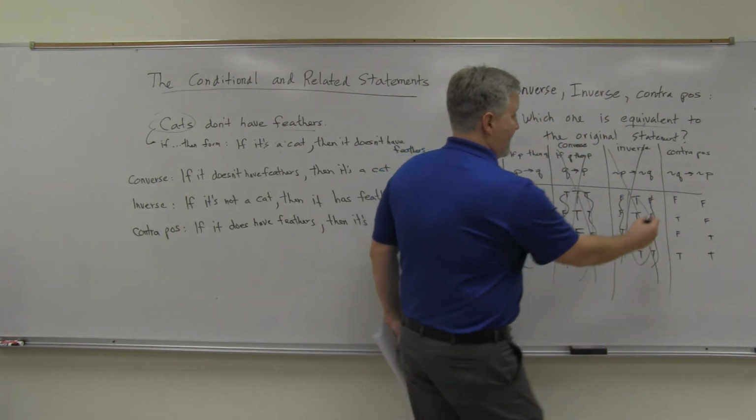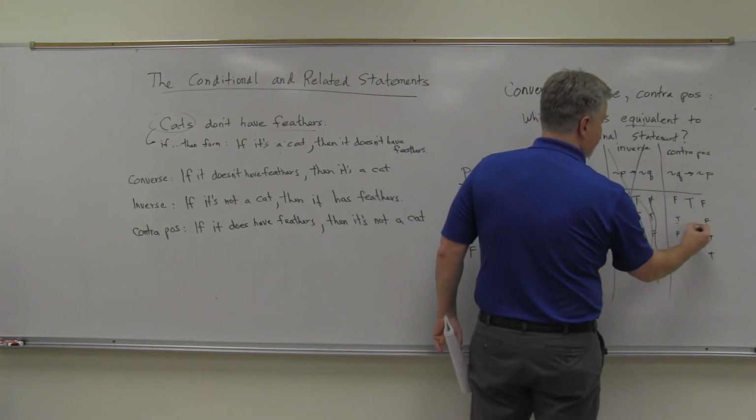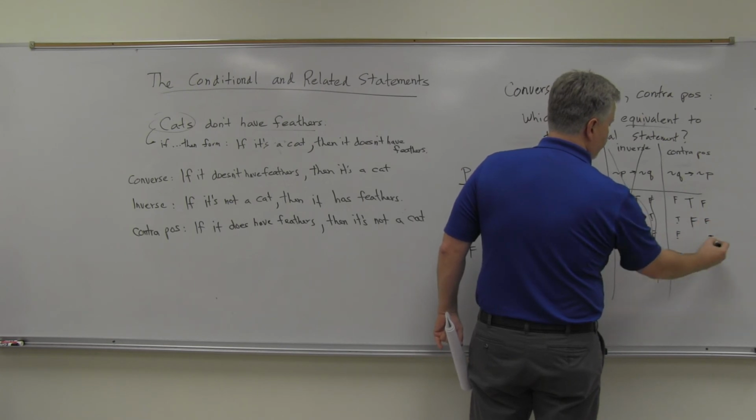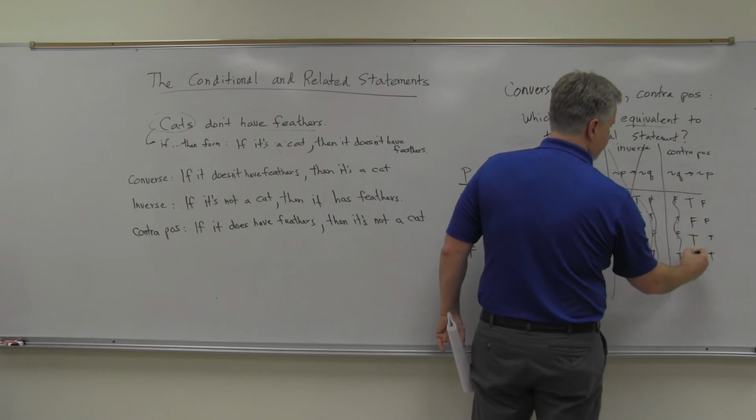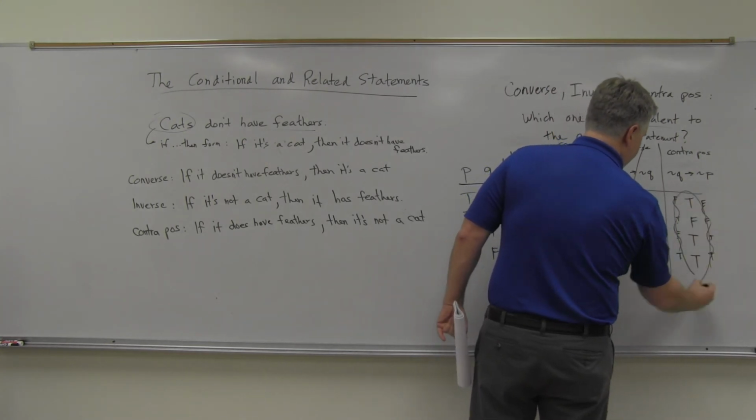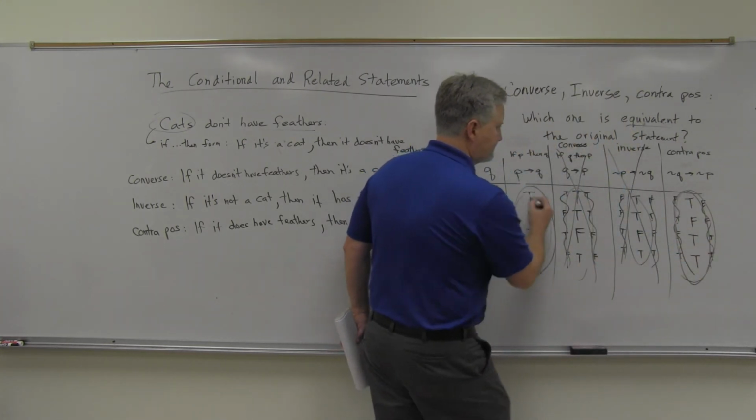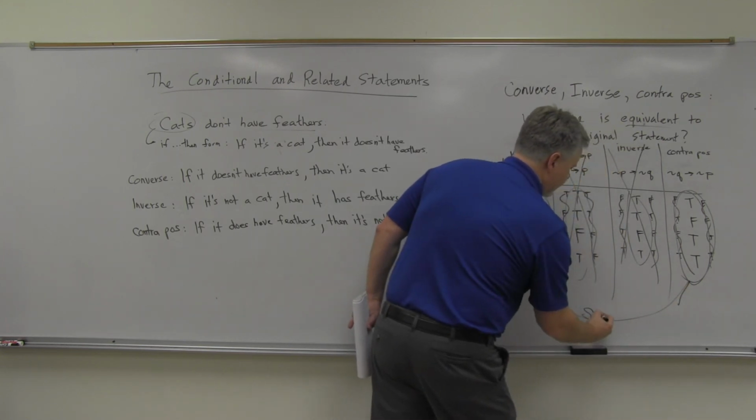Arrow those together, you got false arrow false is true, true arrow false is false, false arrow true is true, true arrow true is true. So those two are the same, aren't they?